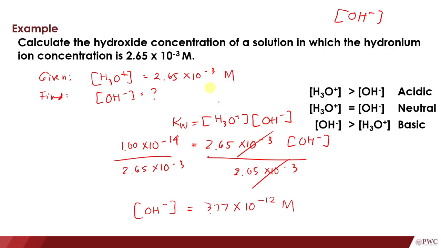This one is negative 3, this one is negative 12, so this one is much smaller compared to that one. So the hydronium concentration is greater than the hydroxide concentration. It's much bigger because it has a lesser negative exponent. So this one is an acidic solution.